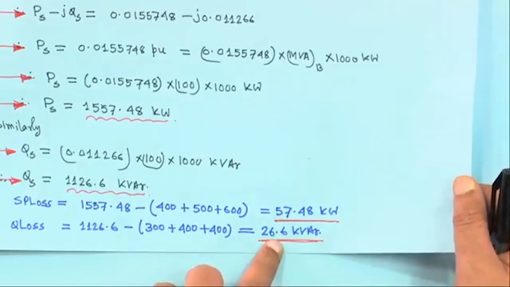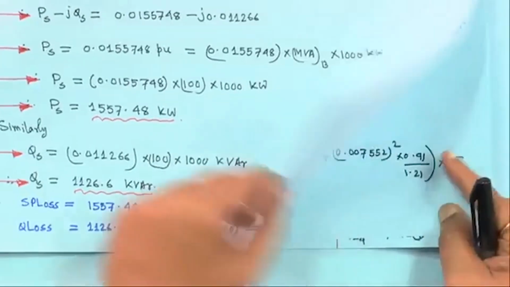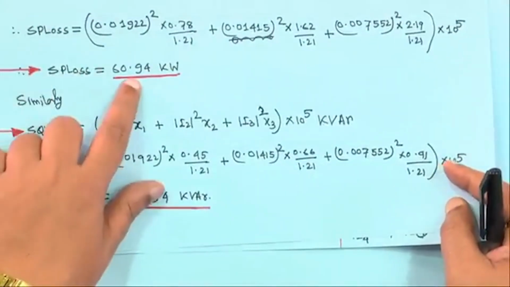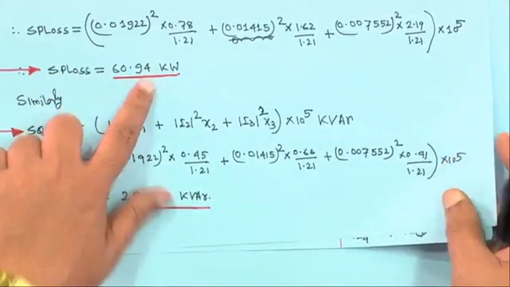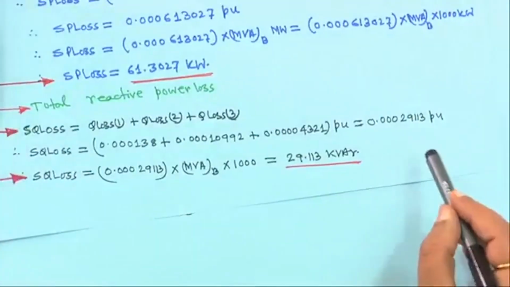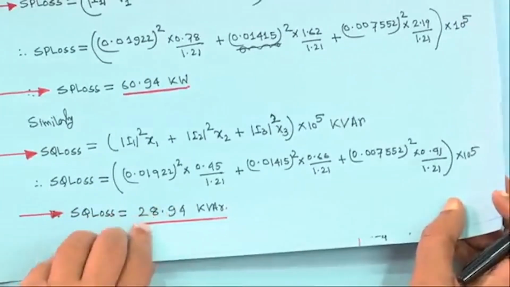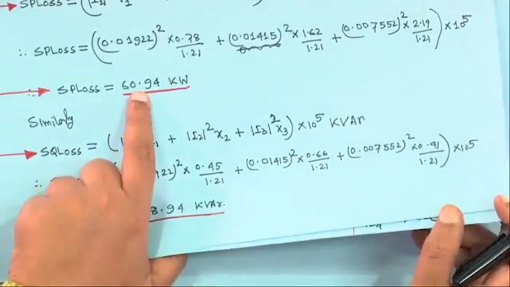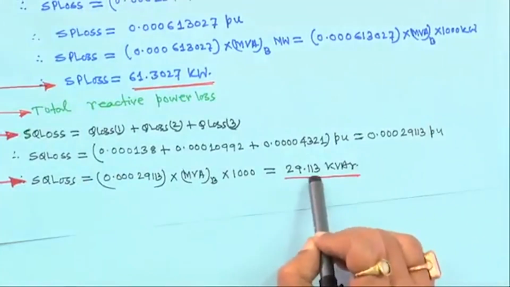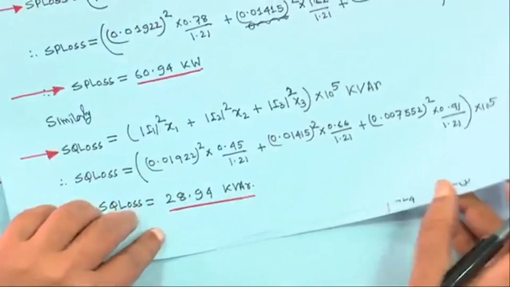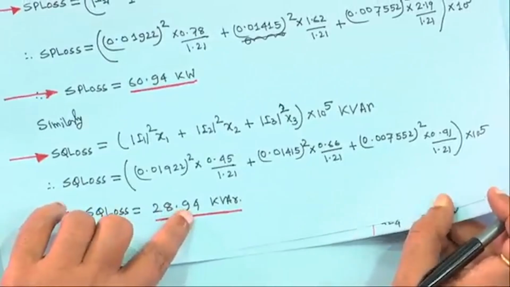I told you the difference is because the solution is not completely converged. But if we do the I square R loss here, it is coming 60.94 kilowatt. In method 2 it is coming 61.3027, but the I square R method here is coming 60.94, right. Similarly, here it is 29.113 and here it is 28.94.